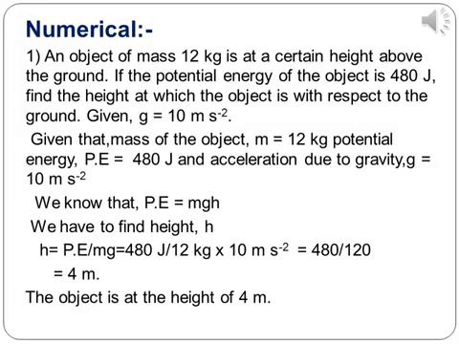Here we have to find the height h. So height h is equal to PE divided by mg. By substituting the values of PE, m and g, we get height is equal to 4 meter. The object is at the height of 4 meter.